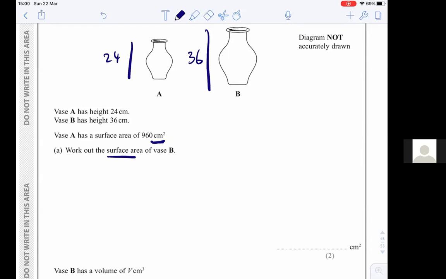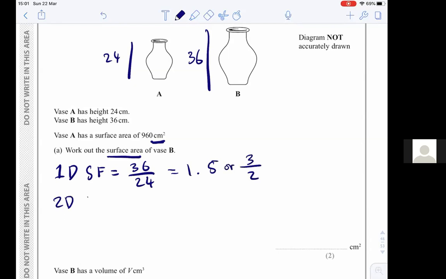We're looking at surface area. So my 1D scale factor is going to be 36 over 24, which is 1.5, or 3 over 2. So my 2D scale factor is going to be this squared, or 9 over 4.